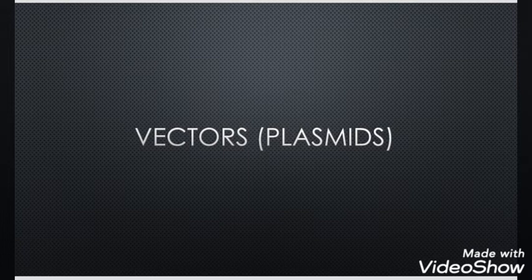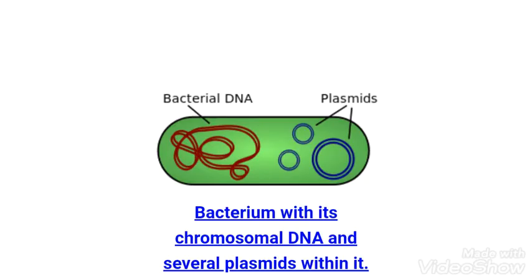In this chapter, we are going to discuss vectors or plasmids, their characters, and the different types of vectors and plasmids we use in rDNA technology.